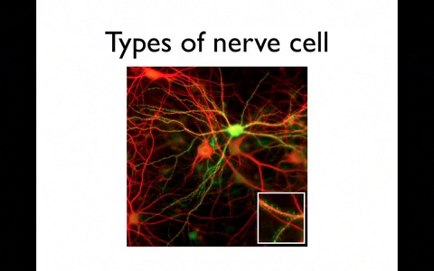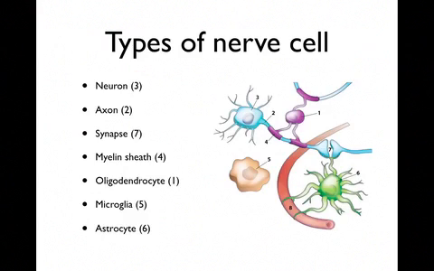Okay, so as well as neurons, we mustn't forget there are lots of other nerve cells within nervous tissue. This picture shows us a nice blue neuron, number 3, with the neuron cell body, the axon, number 2, going towards the synapse, which is number 7.